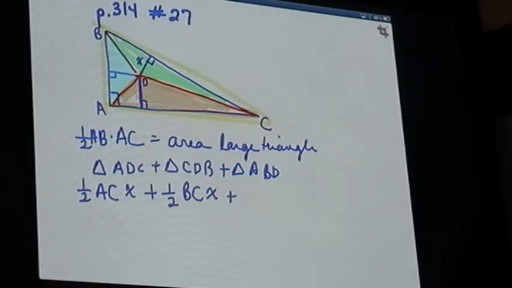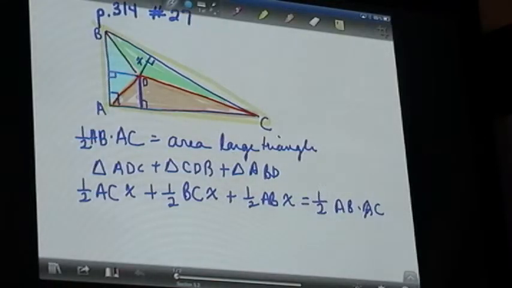Notice I'm using a cursive x so I can tell that it's a variable, whereas AC and BC are actually sides. Okay, and then the blue triangle is 1/2 AB times x, and all of that has to be equal to 1/2 AB times AC.